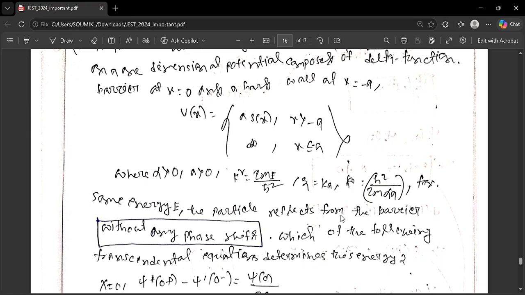Always scan the options first, then try to solve. In the JEST exam you need to be careful and always scan the options first. And do not waste time on one problem. If you are stuck for 5 or 6 minutes on any problem, just leave it.